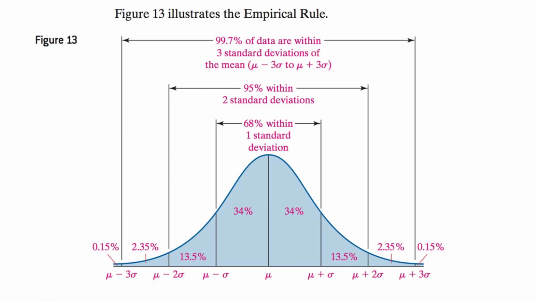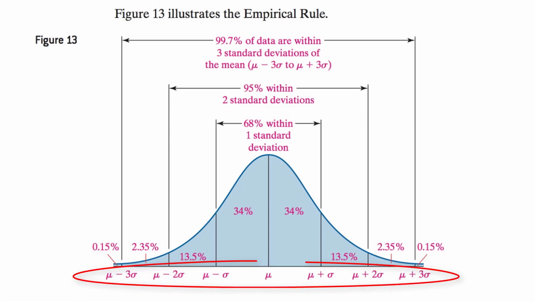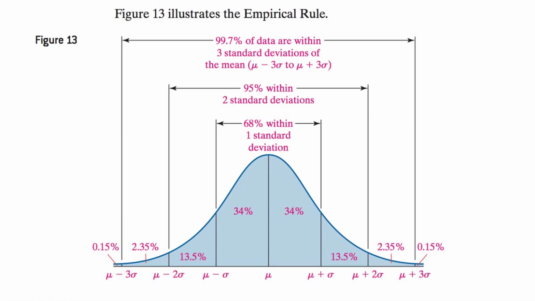And similarly, if you go out 2 standard deviations below and 2 above, you're going to get about 95%. And if you go out 3 standard deviations below and 3 above, you're going to capture about 99.7% of the distribution. And so this is a very good general illustration of the empirical rule.